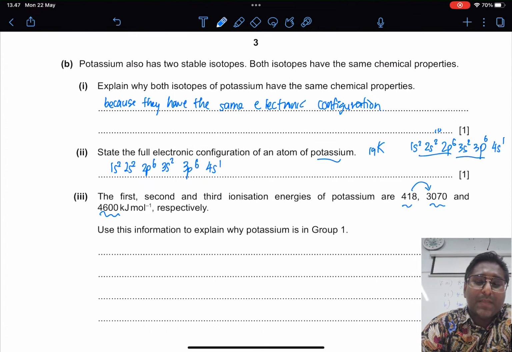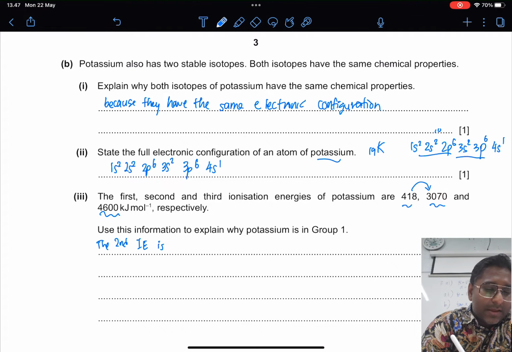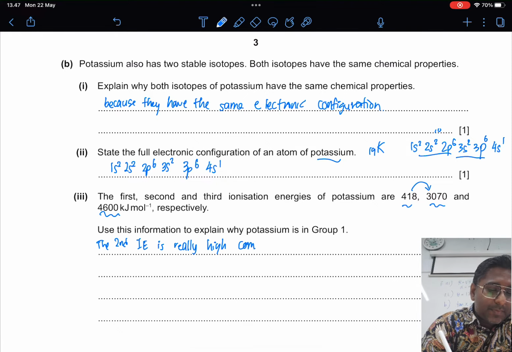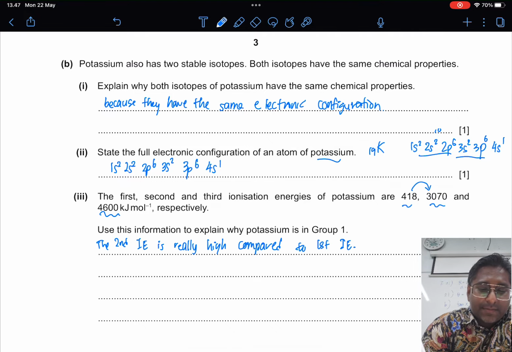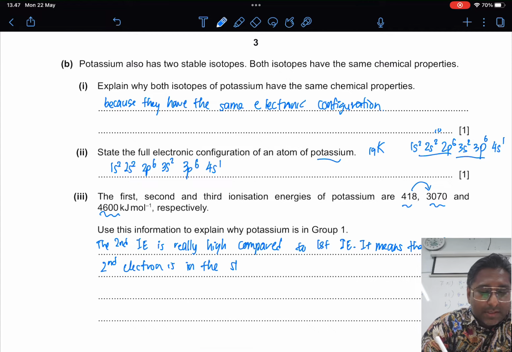Okay, because the second ionization energy is really high compared to the first ionization energy, it means that the second electron is in the shell that is closer to the nucleus.